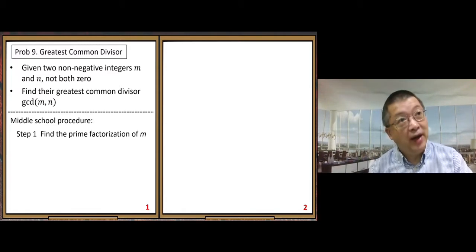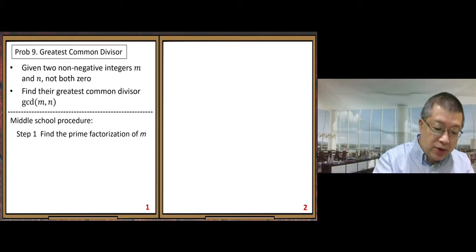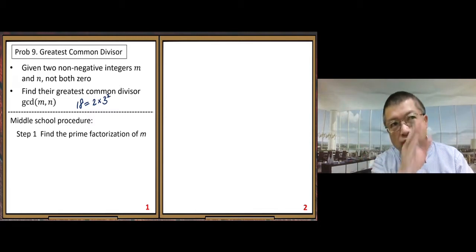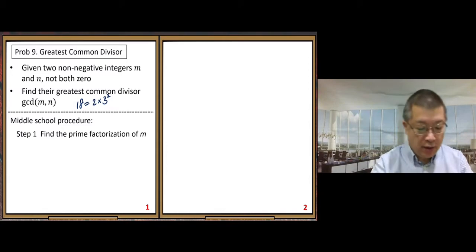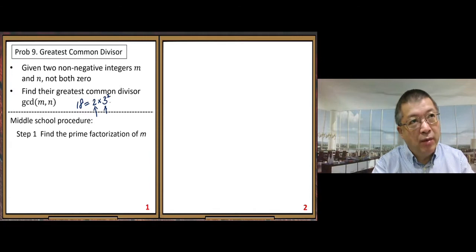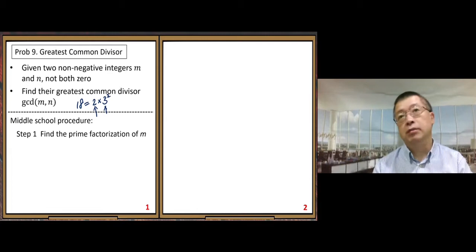So you know that, right? 15 equals 3 times 5, 18 equals 2 times 3 squared, and so on. That's the prime factorization. Each factor is a prime number, but for some of the prime numbers you may need to use a power of that number.